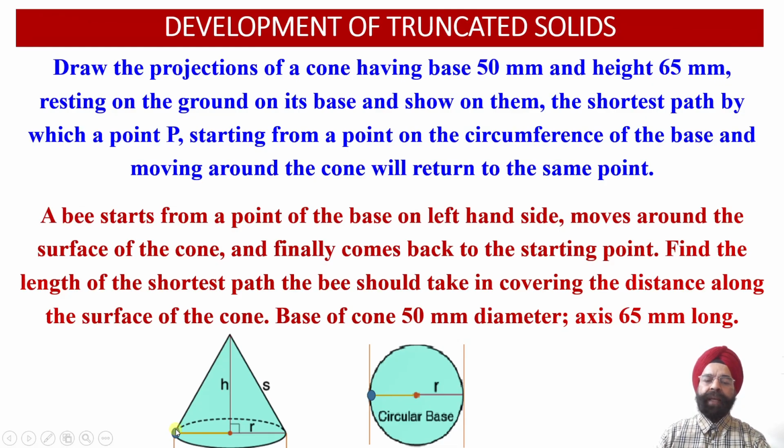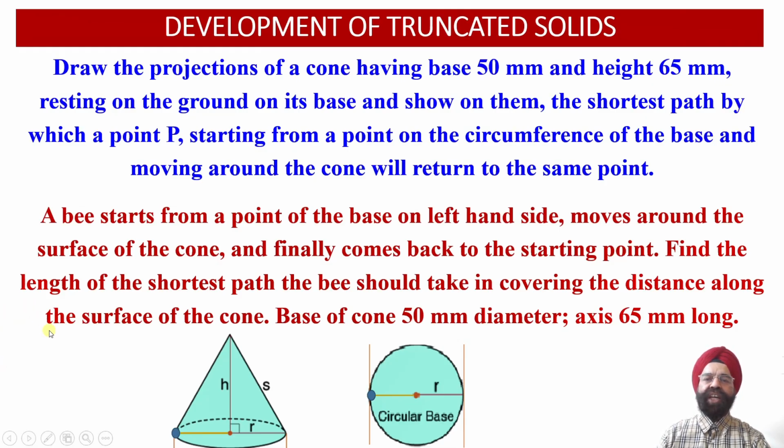So a point P has to cover the shortest distance in such a way that it is going to move around this particular cone in a particular orientation, and it should be returning back to the same point which is going to lie onto the base, such that the distance covered by this point P, in order to move along by one revolution, should be the minimum possible distance or the shortest possible path traversed by this particular point.